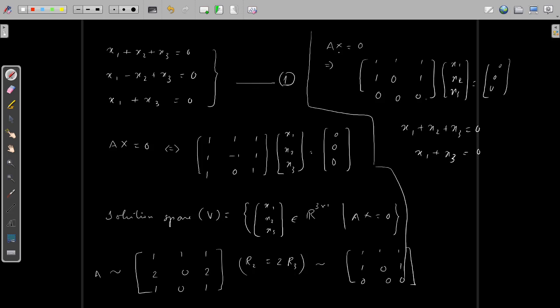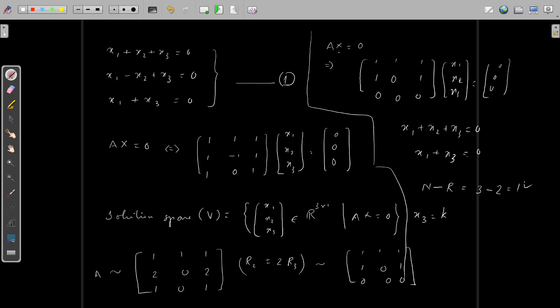Then the rank of A is 2 and the number of unknowns is 3, so the number of unknowns minus the rank is 3 minus 2, which equals 1. So in order to solve the system, we need to put one unknown as a constant. Without loss of generality, let me put x3 equal to some arbitrary constant k.